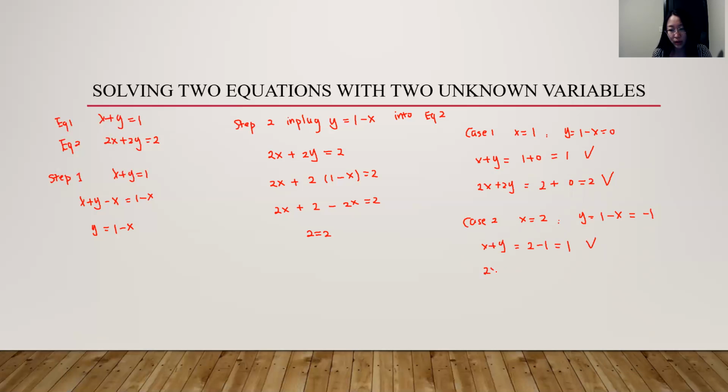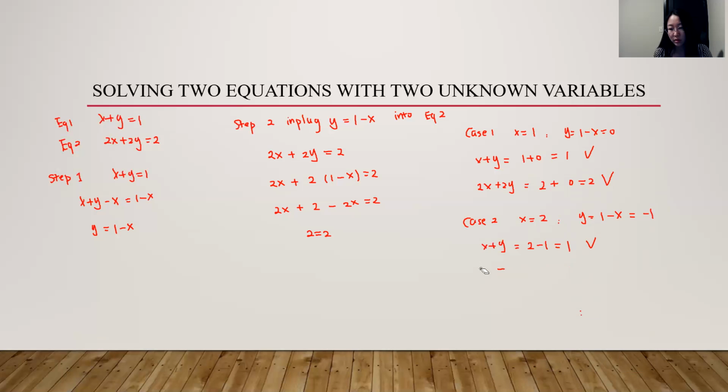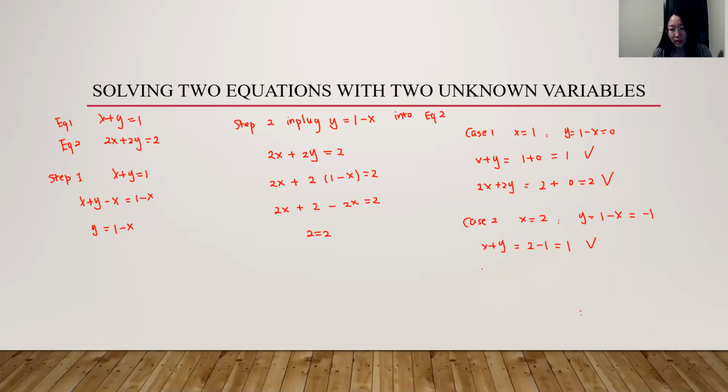The second equation, 2x plus 2y: x equals 2, so 2x is 4. y equals negative 1, so 2y equals negative 2. 4 minus 2 equals 2.